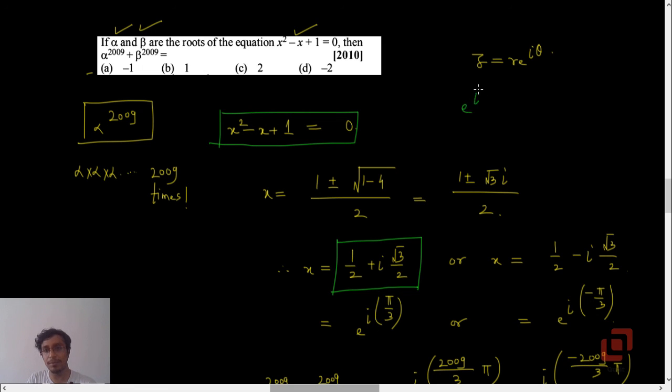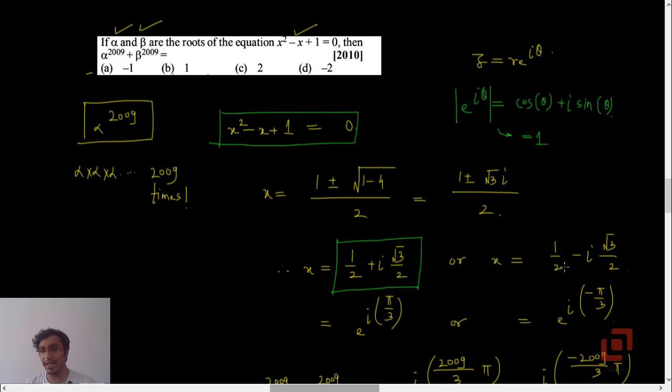Correct? Because if you remember, e to the power i theta is cos theta plus i sin theta, and the mod of this is always going to be equal to 1 because it is the root of cos squared theta plus sin squared theta. Now you also observe that 1 upon 2 is cos pi by 3 and root 3 by 2 is sin pi by 3. So the first root is going to be e to the power i pi by 3.